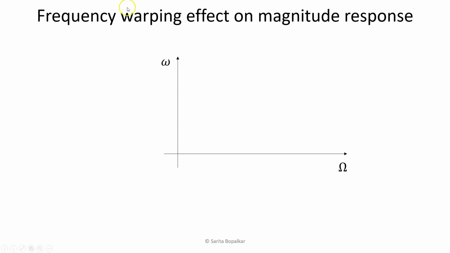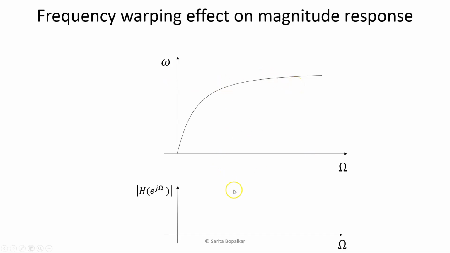Let's see. This y-axis is digital frequency omega, the x-axis is analog frequency omega. We know the relation between digital frequency and analog frequency is non-linear. Now here we will take the analog filter H of s, or we can say H of e raised to j omega, magnitude response with respect to analog frequency.